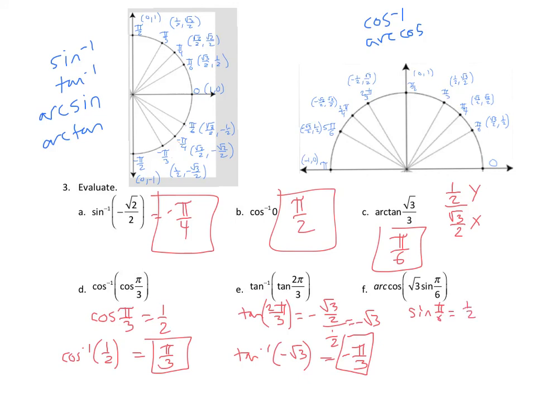And now I'm going to multiply radical 3 times 1/2, and I get radical 3 over 2. Next I'm doing arc cosine, or inverse cosine, of radical 3 over 2. So I need to look at the top half of my unit circle, where do I have a cosine or an x-coordinate of radical 3 over 2, and that is at pi over 6.